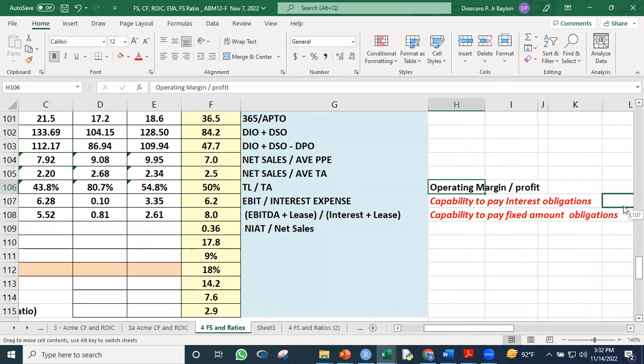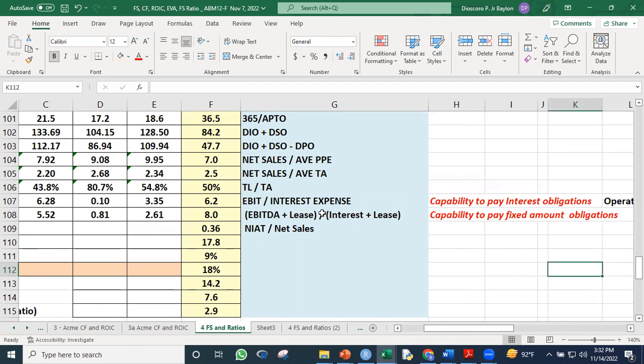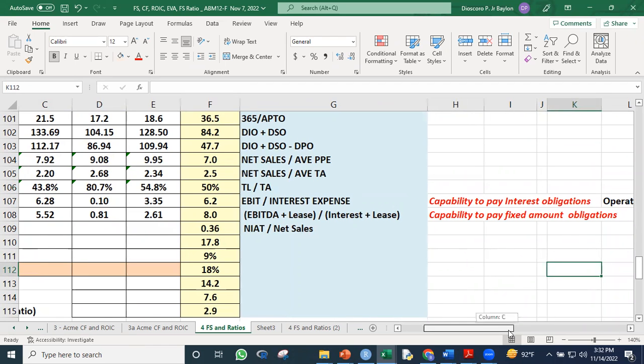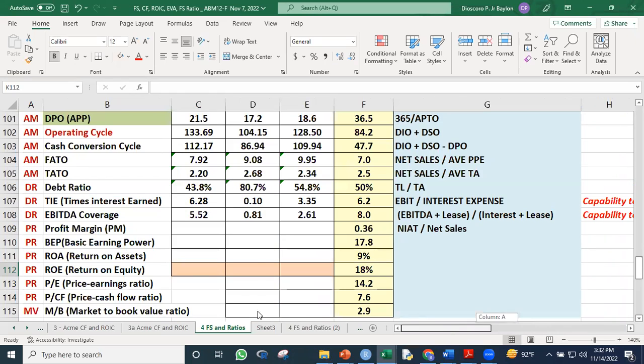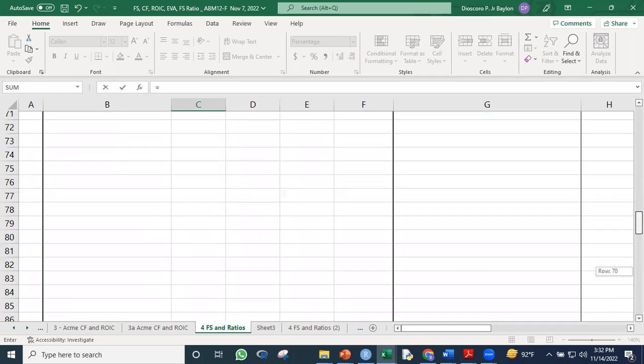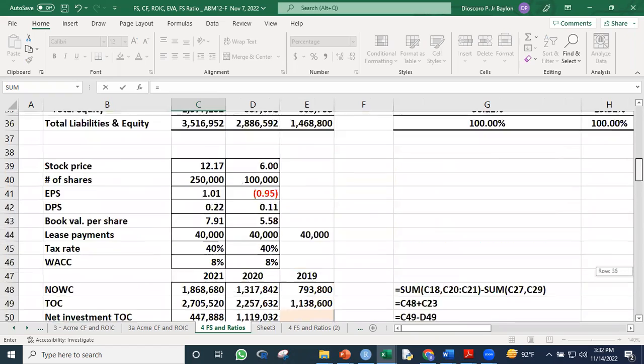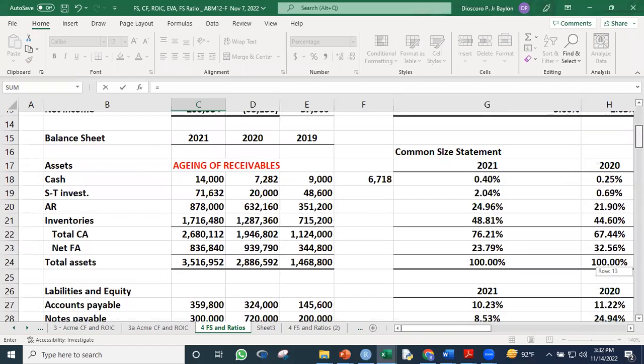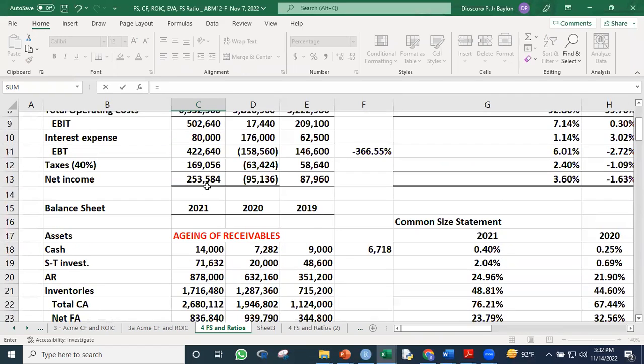It should be here. Yung EBIT is equal to your operating profit or operating margin. Ito is equal to net income after tax. So this is the net income after tax, divided by your sales.